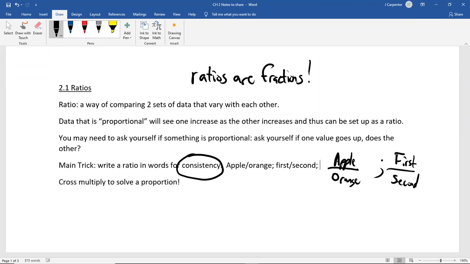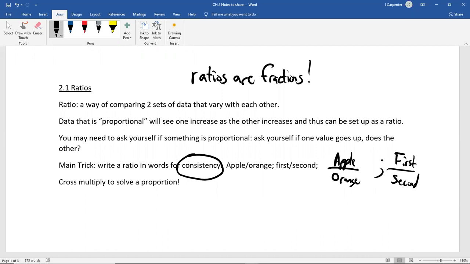Writing the words out top over bottom is going to tell you where to put your numbers. So say we got a problem with 2 apples and 3 oranges. Student A writes 2 over 3 because they wrote apples over oranges first in terms of words, but then student B might write 3 over 2 because they chose to do oranges over apples.